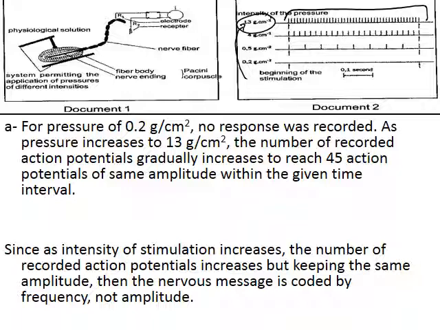Since as the intensity of stimulation increases, the number of recorded action potentials increases but keeps the same amplitude. The amplitude doesn't change. Then the nervous message is coded by the frequency and not by the amplitude.